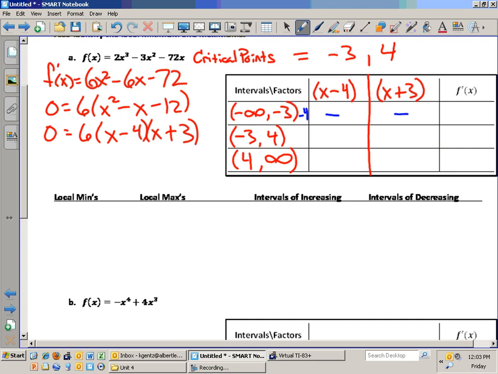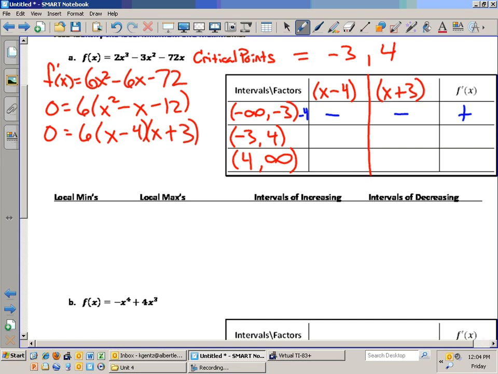So if I were to multiply out the derivative, 6 times a negative is a positive. So that tells me that f prime of x is positive over that interval. If f prime of x is positive, that means that the function is increasing. Question. Yep, I picked a number between negative infinity and negative 3.